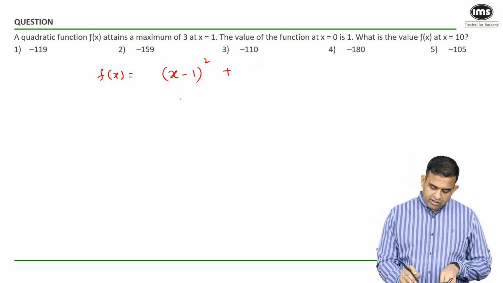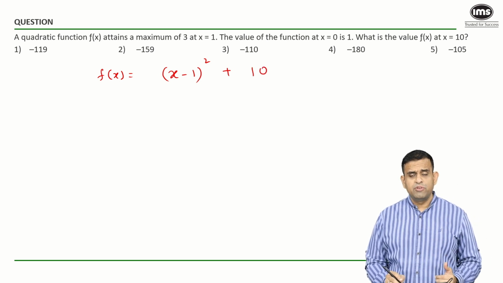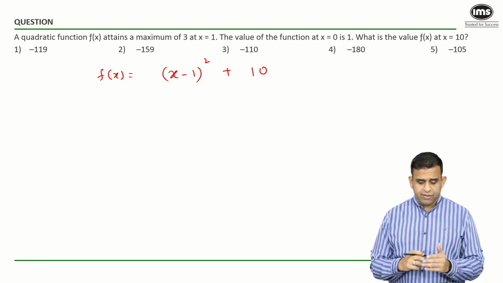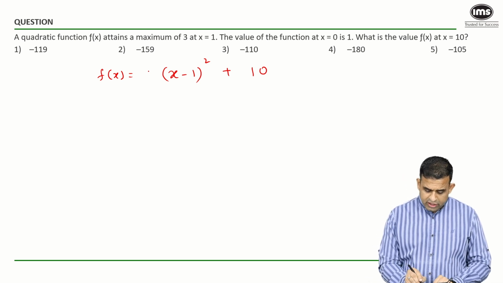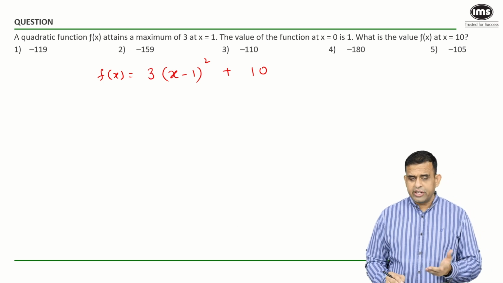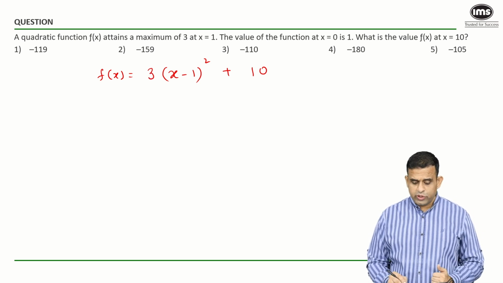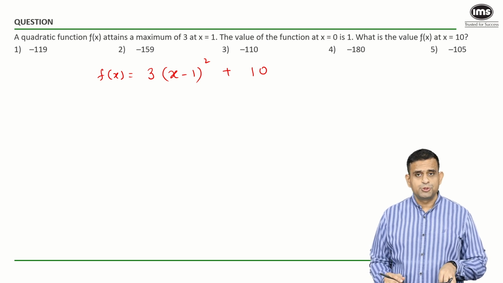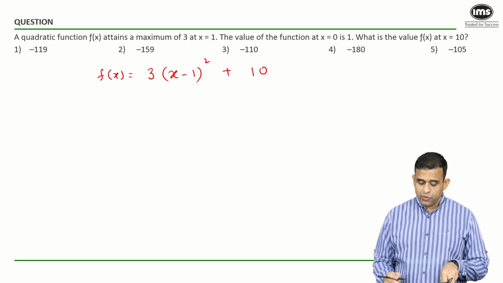Now if I say this is x minus 1 whole square plus 10, then again one can say the function will be minimum at x equals 1, giving you the least value as 10, because a square quantity can never be negative. What about if I make it something like f of x equals 3 times x minus 1 whole square plus 10, again one can say the function will be minimum at x equals 1 and the value will be equal to 10 over here.